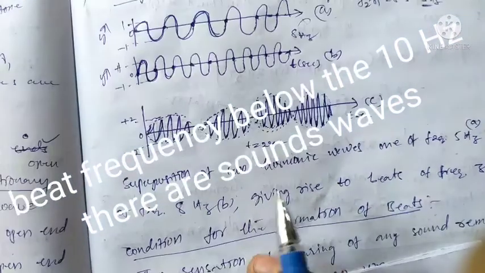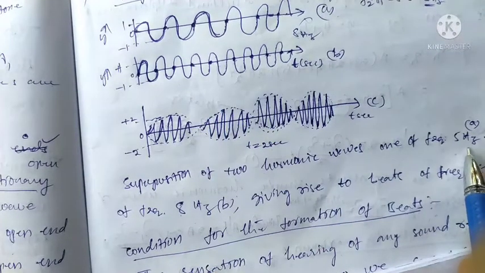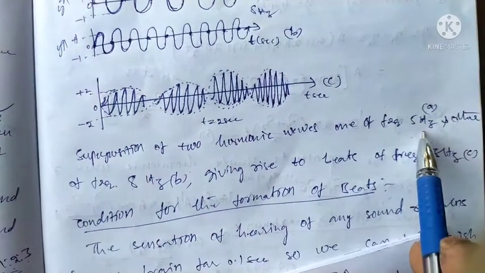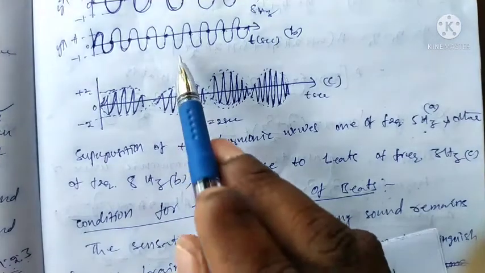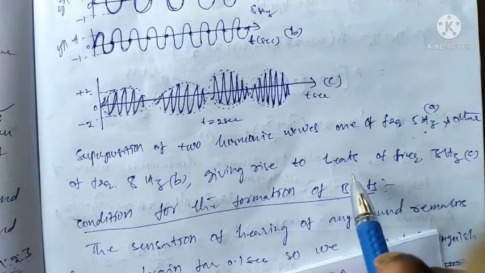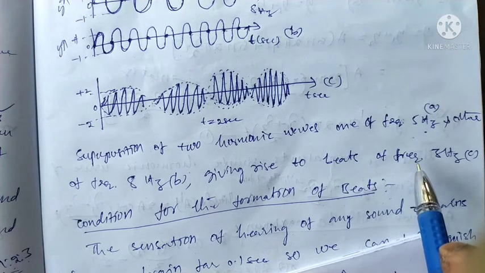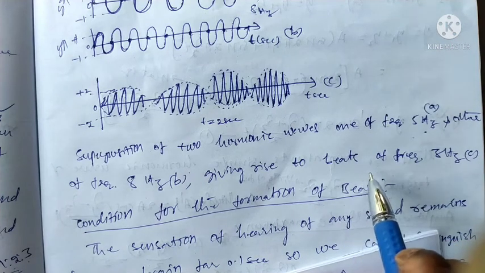Suppose here two harmonic waves: one wave having frequency 5 hertz and another wave having frequency 8 hertz give rise to a beat frequency of 3 hertz. The beat frequency is nothing but the difference of the two frequencies.